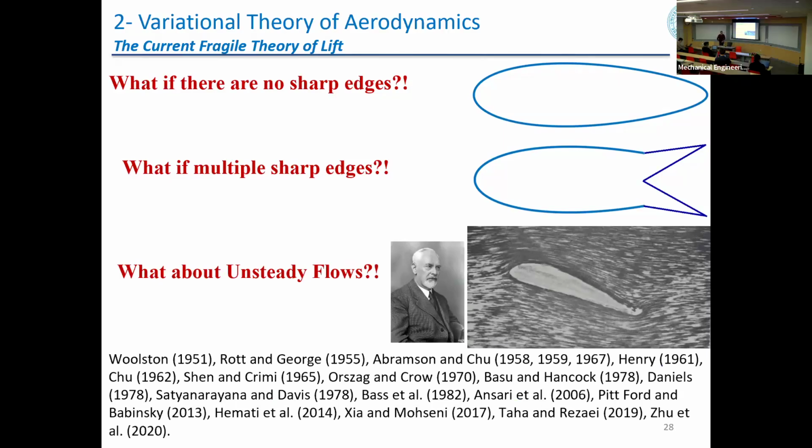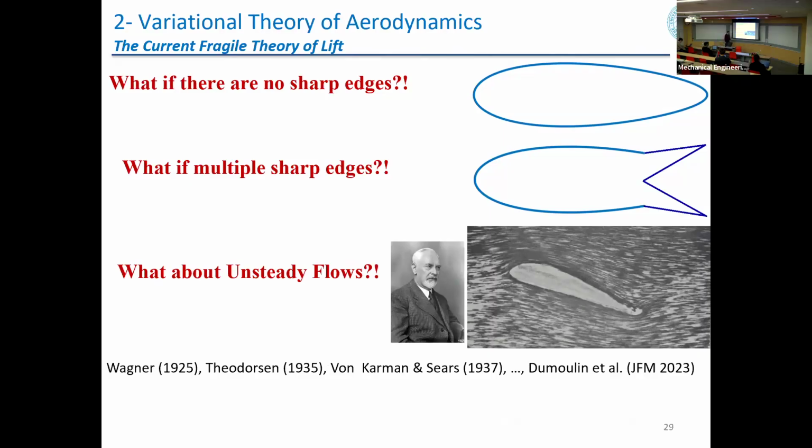And there are tens of papers in the community that criticize the application of the Kutta condition to unsteady flows. Yet the entire theory of unsteady aerodynamics, from the pioneering work of Wagner to Theodorsen, Bisplinghoff series, all the way to the most recent work in the JFM, adopts the Kutta condition in unsteady modeling because there are no alternatives.